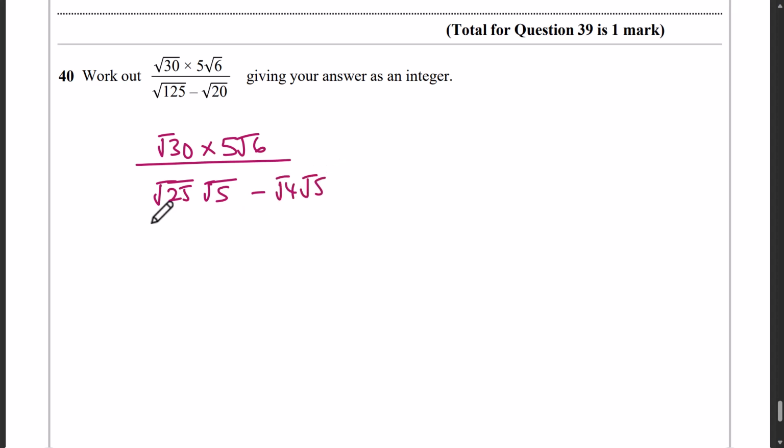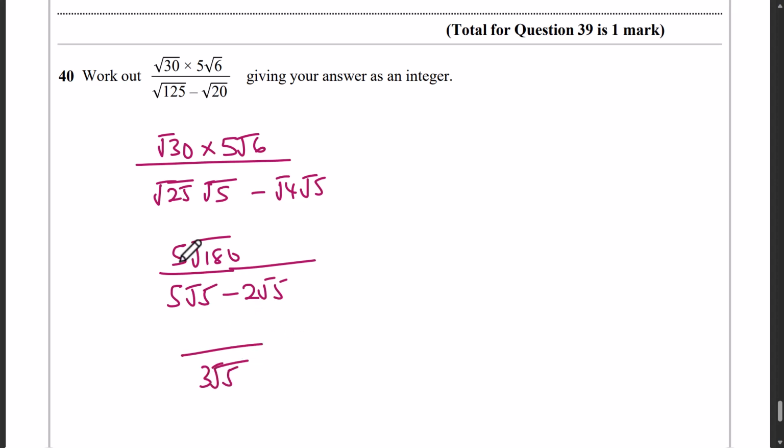And this simplifies this to root 30 times 5 is going to be 5. Root 30 times this is 180. And this is 5 root 5 minus 2 root 5, which of course you can simplify. 5 root 5 minus 2 root 5 is definitely going to be 3 root 5 at the bottom.